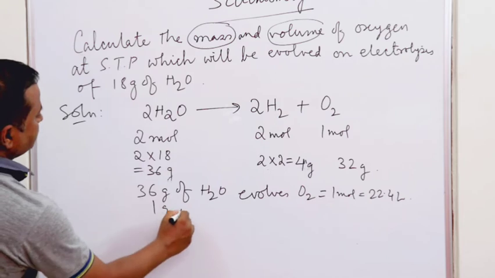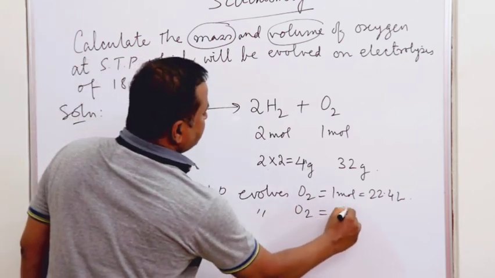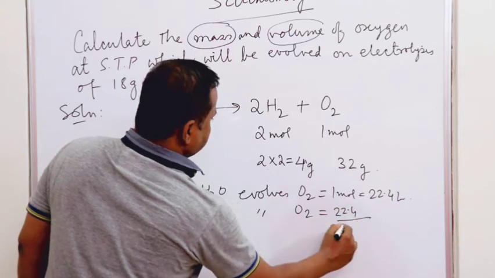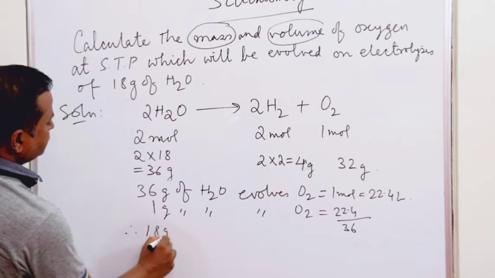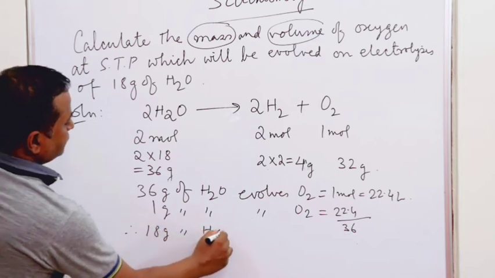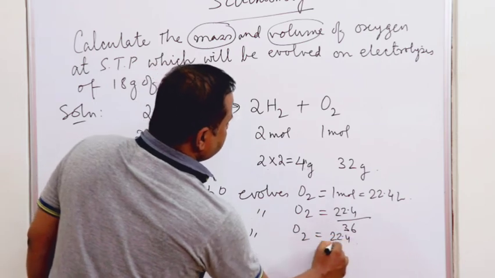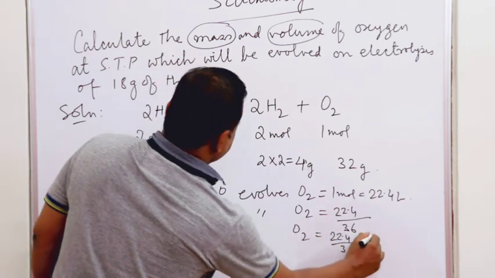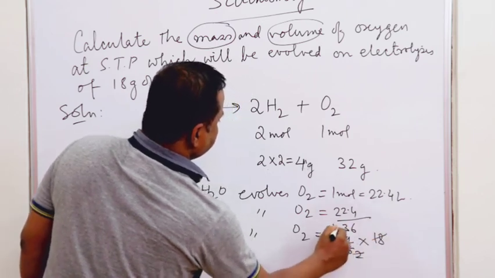So 1 gram of water evolves O2 equal to 22.4 by 36, and therefore 18 gram of water will evolve oxygen equal to 22.4 by 36 into 18. So this is 2 and you get 11.2.